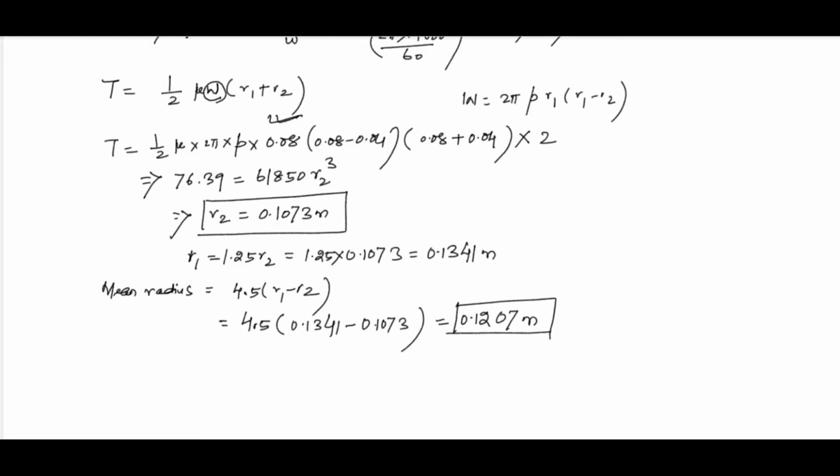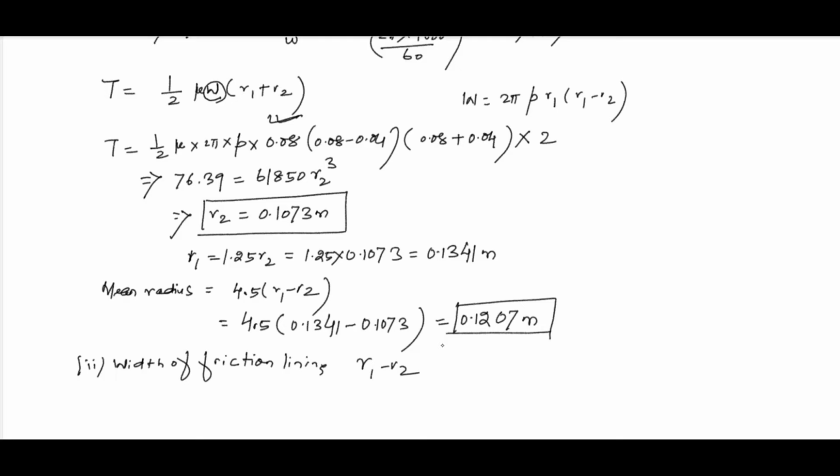Okay, then the second bit was to find out the width of the friction lining. Now this will be equal to R1 minus R2 simply.